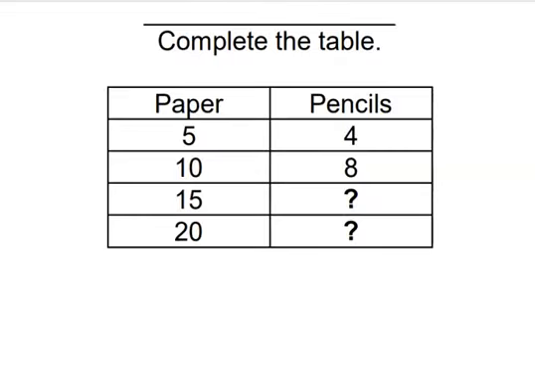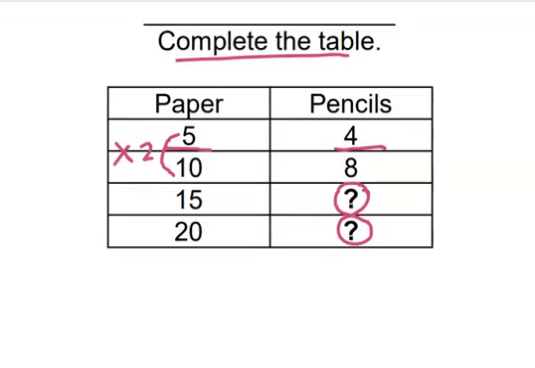All right, this is called an input-output table or just a ratio table. So we have a complete the table. We have 2 numbers here that we don't know, so we need to find out what they are. So we know that the ratio is for every 5 papers, there are 4 pencils. And to get from 5 to 10, we multiplied by 2.